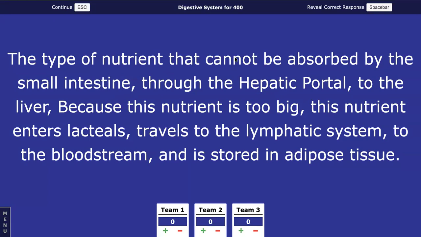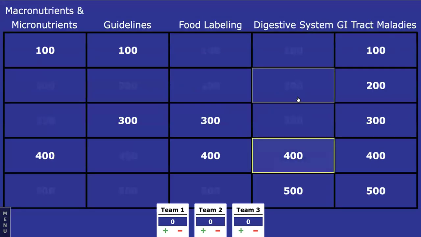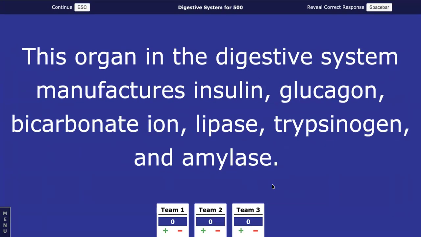Yep, lipids or fats. If you ever pull up a picture of how lipids look molecularly, they're so huge and gnarly and scary relative to how carbohydrates and proteins look. So therefore, they can't go the normal way. They're too big.